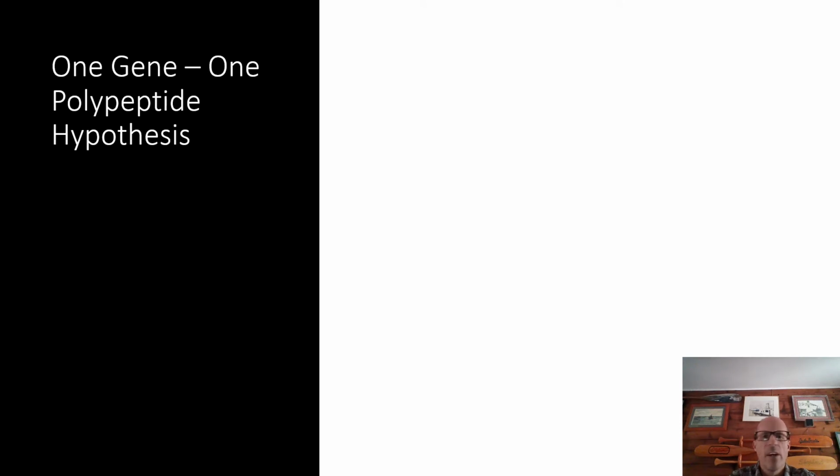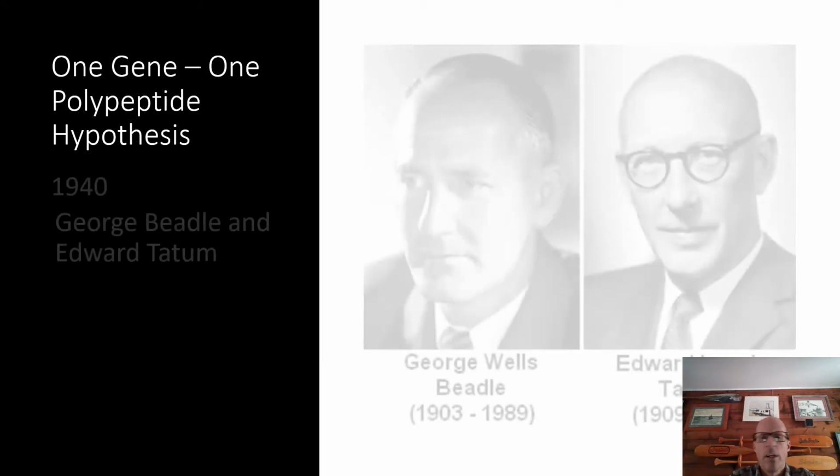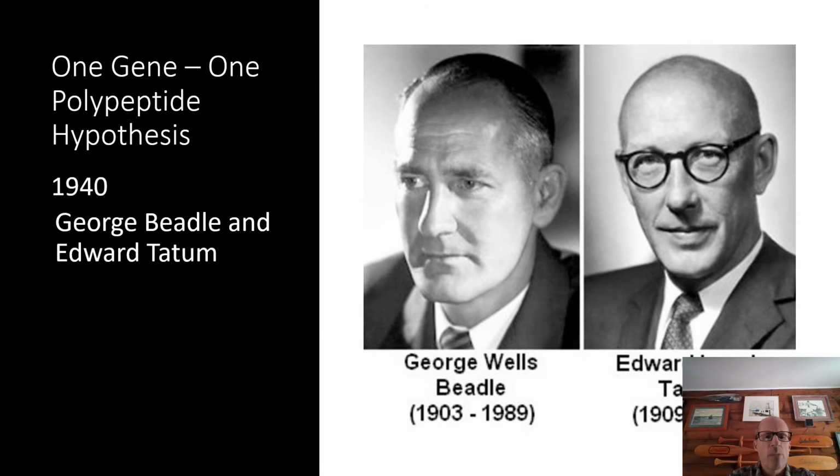This led to a very important concept, which was called the one gene, one polypeptide hypothesis. In a nutshell, a lot of people were starting to believe, including Beadle and Tatum in 1940, that each one of our genes codes for a polypeptide, which of course is another word for a protein.